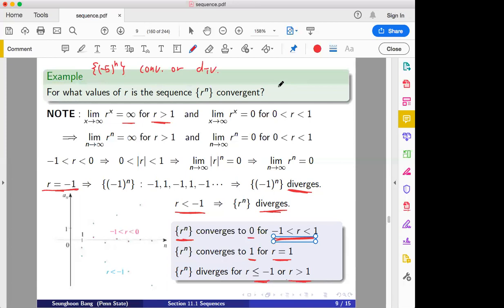Is it diverges? Is it right? Same as before, what is r? Here r equals -5. -5 is less than or equal to -1. Exactly, the last case. The sequence diverges. The answer is diverges by using this table. Very useful.